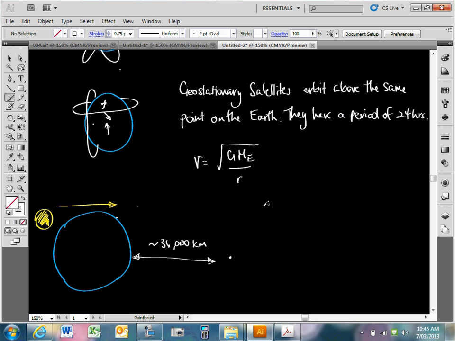So let's look at that. T equals 24 hours, which equals 24 by 60 by 60. 24 hours times 60 minutes in an hour times 60 seconds in a minute, beg your pardon. 8.64 by 10 to the 4 seconds is the period that we want this to have.